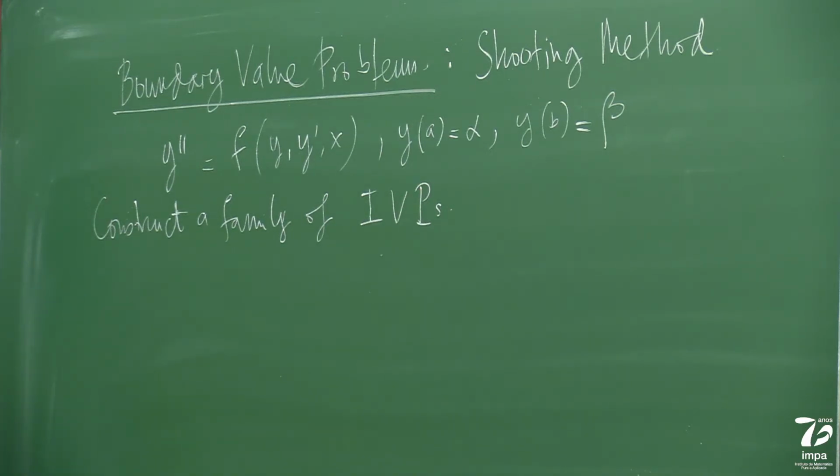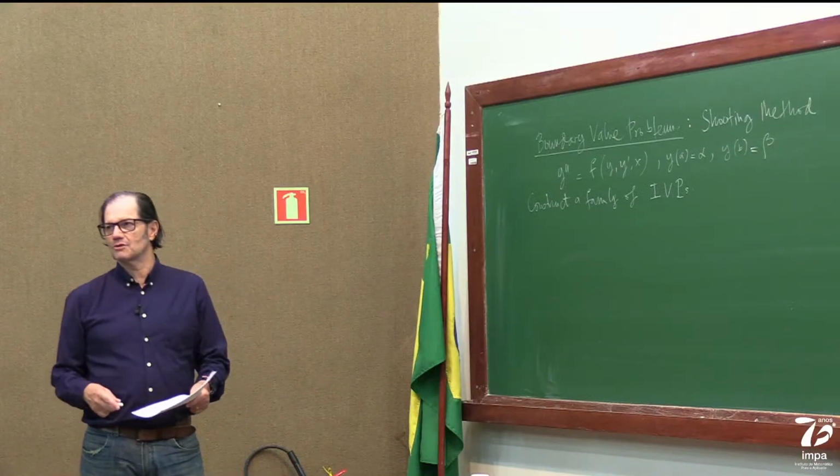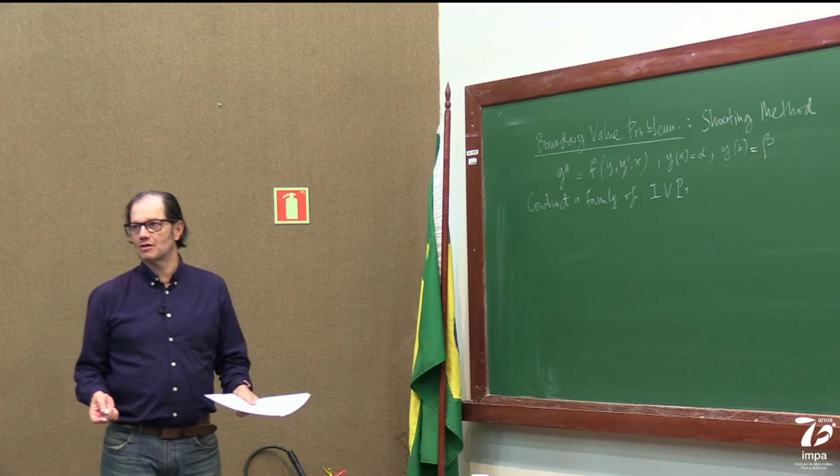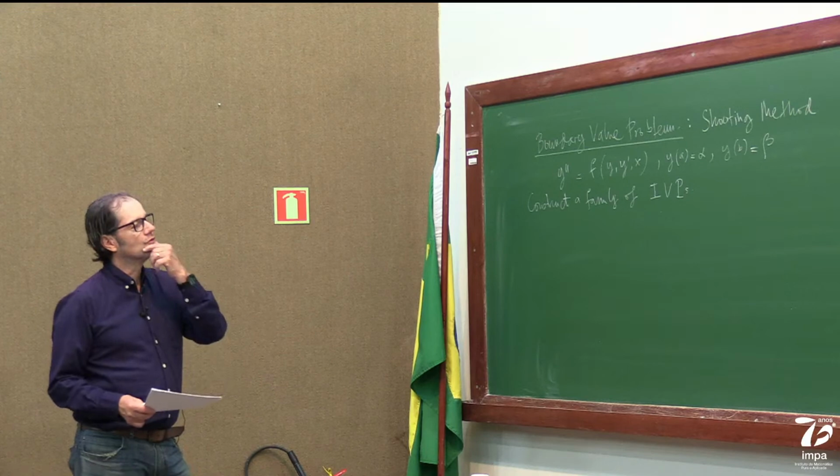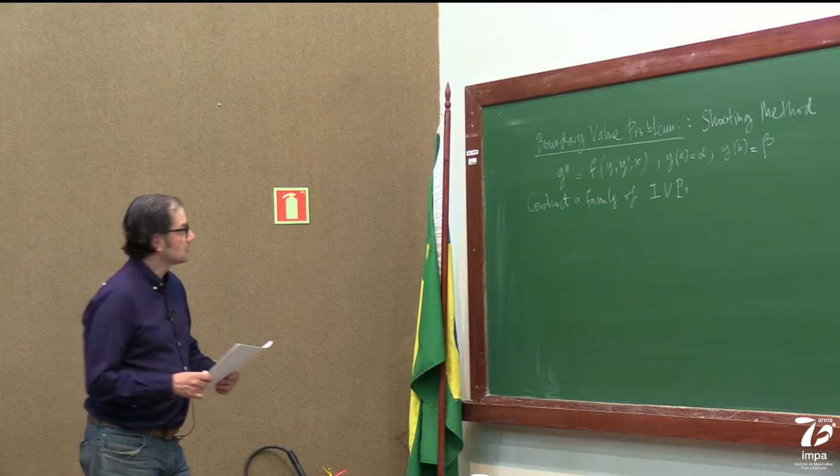Last time we saw a linear case where there was a trick using superposition: we could solve two linear initial value problems, put them together, and we were actually solving the boundary value problem. Nice trick to know. And anyway, we still would have to solve those two initial value problems.